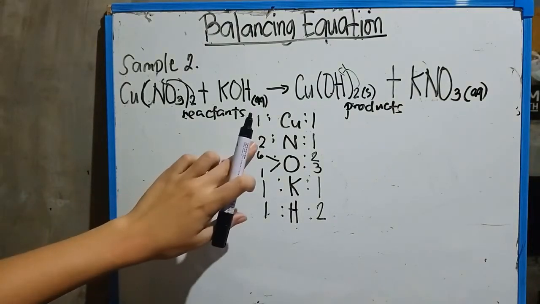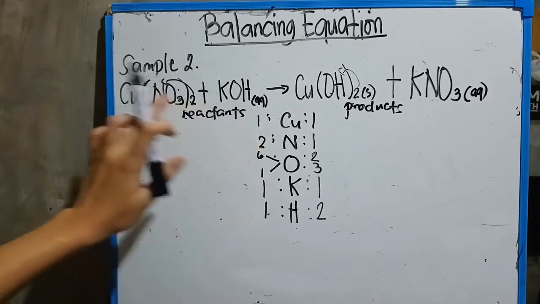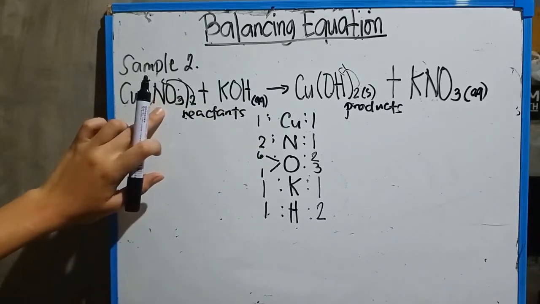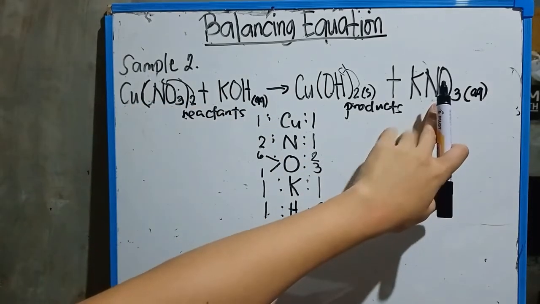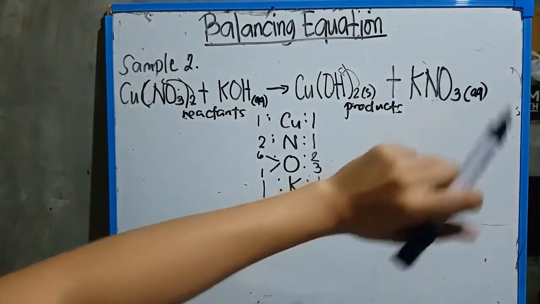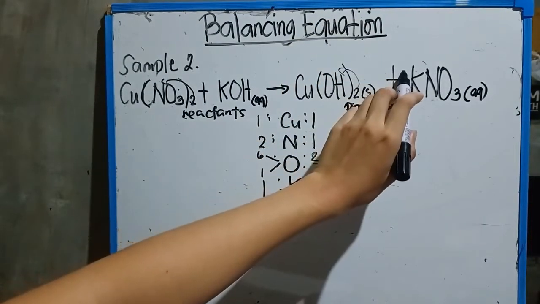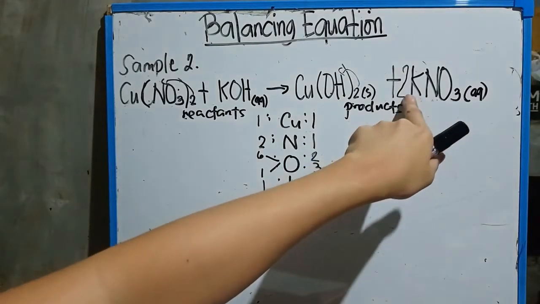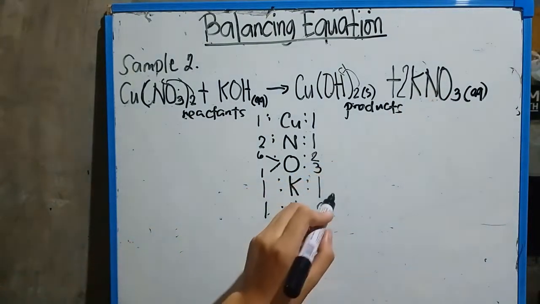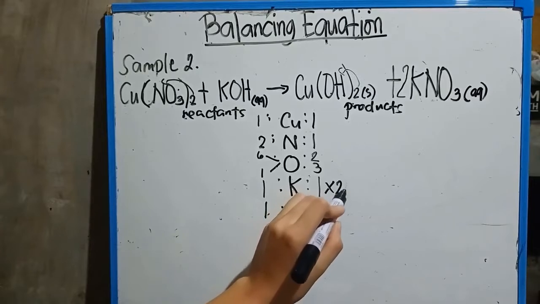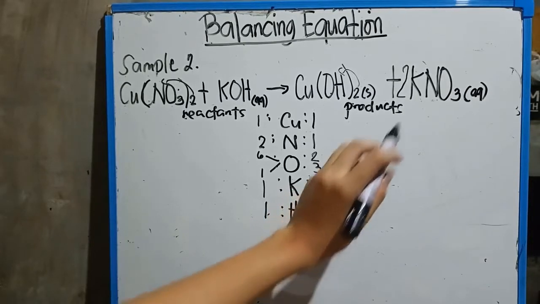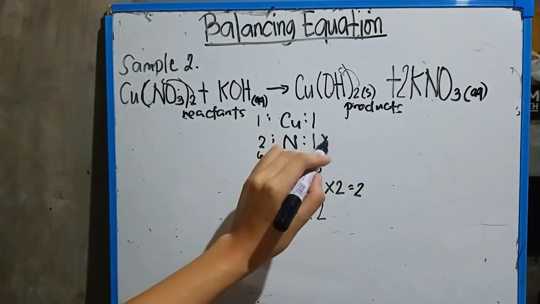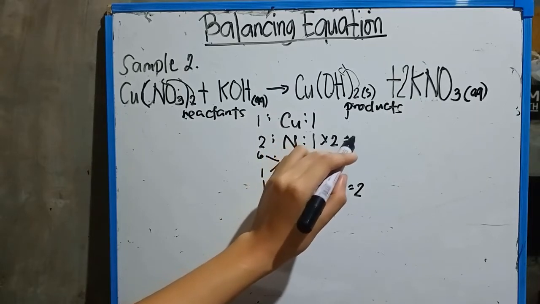Next is our nitrogen. Here we have 2 and here we have 1. So why not put an imaginary 2 here. 2 times 1 becomes 2. 2 times 1 becomes 2.